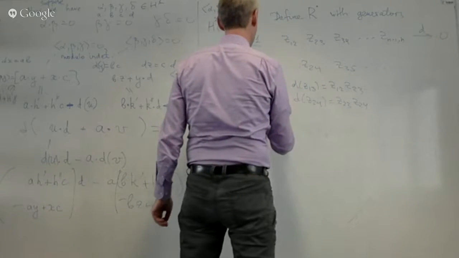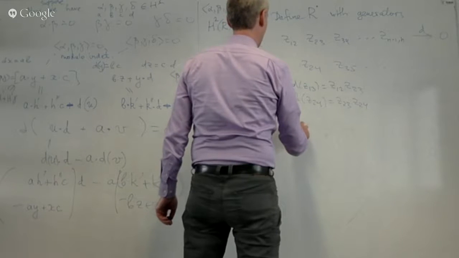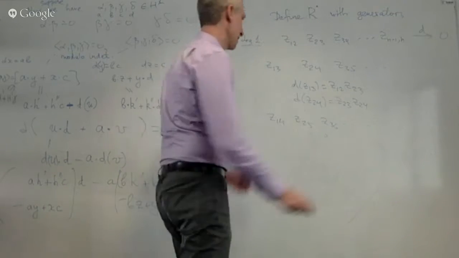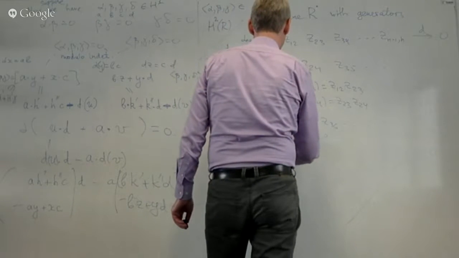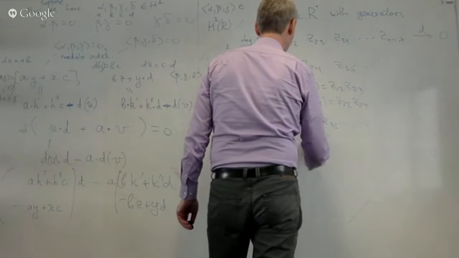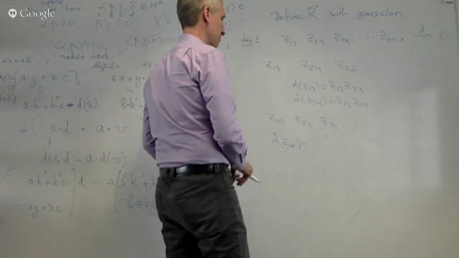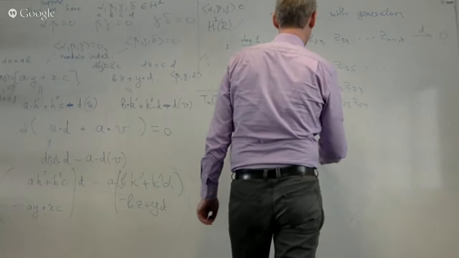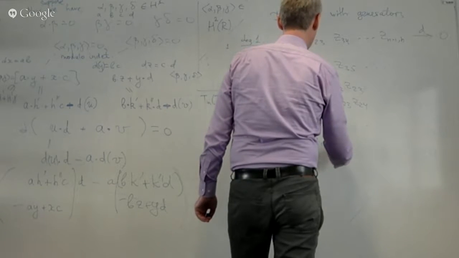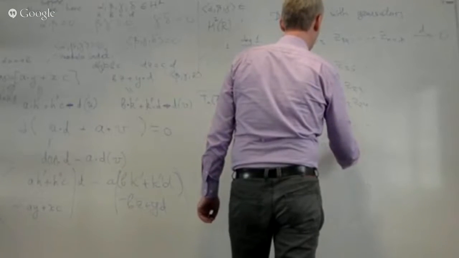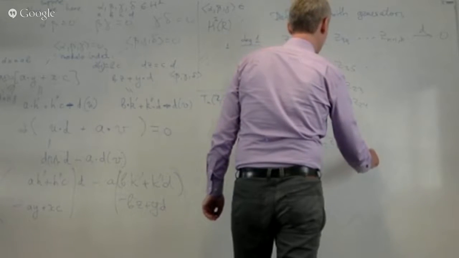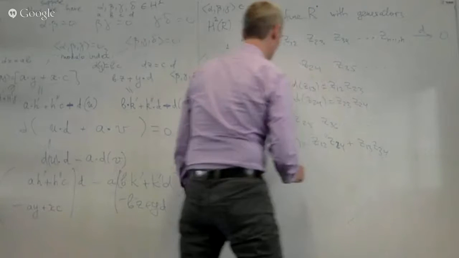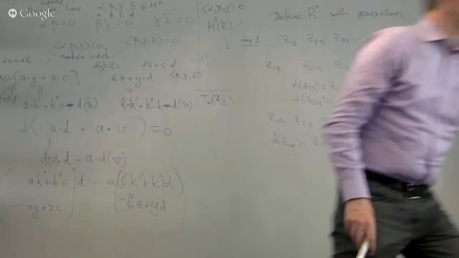Then I have generators Z14, Z25, Z36, and so on, such that D of Z14 equals Z13, Z34 plus Z12, no, this is Z24, and plus Z13, Z34. And so on. So the generators are of the form Zik.